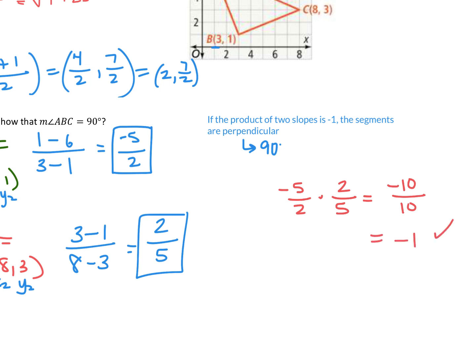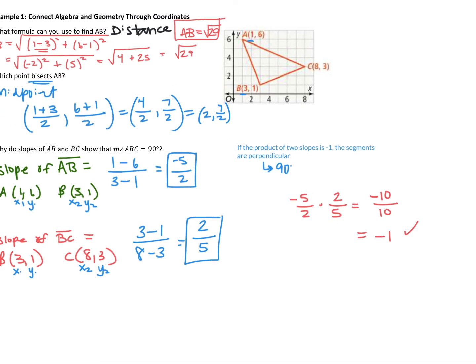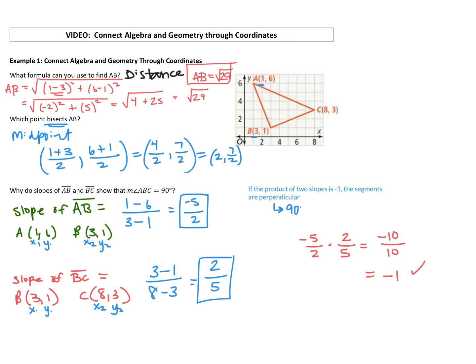So that's just to check. We just found that the slopes of the two segments are perpendicular, which means that the angle formed by them is 90 degrees. So we found the slope of AB and the slope of BC. The product of those was negative 1, which means they are perpendicular, so that is a 90-degree angle right there.